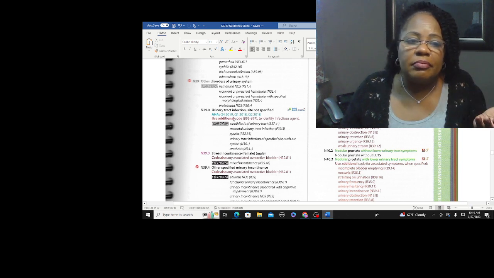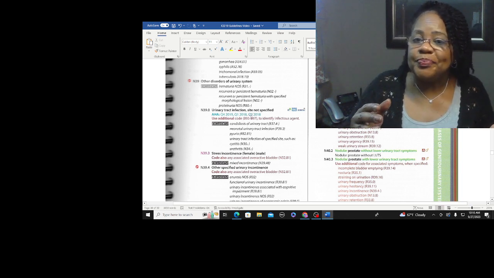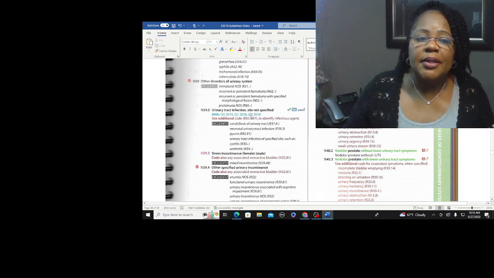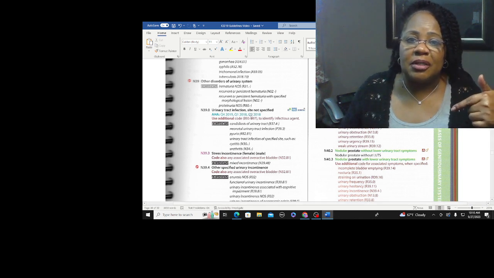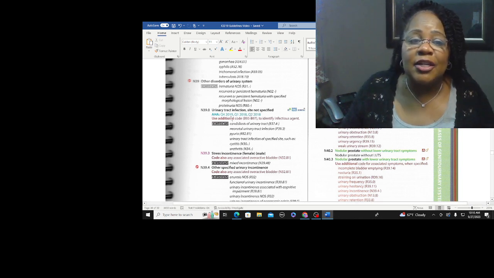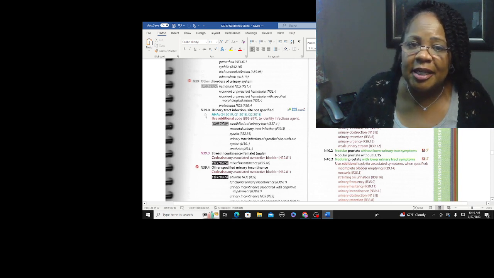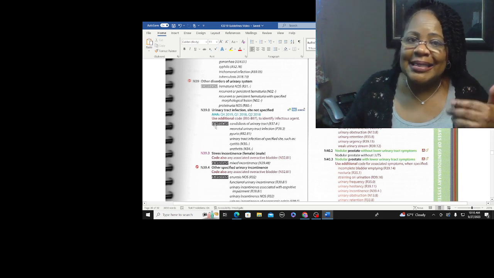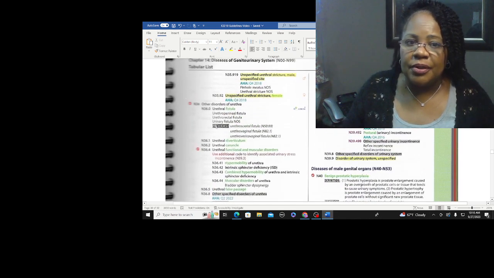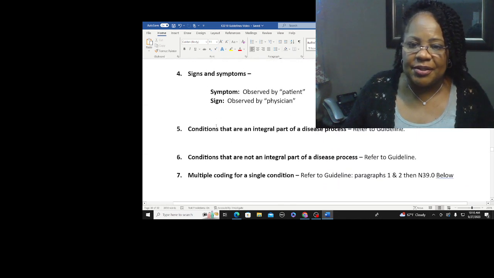So if it's a urinary tract infection due to E. coli, then I would go under main term infection, find E. coli, and use that as an additional code, because it's telling me here in my tabular list that I need an additional code to identify the infectious disease.